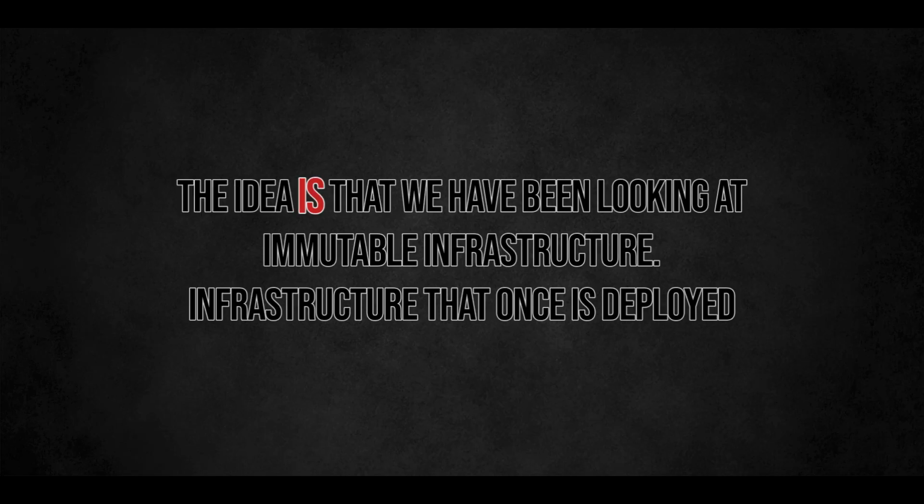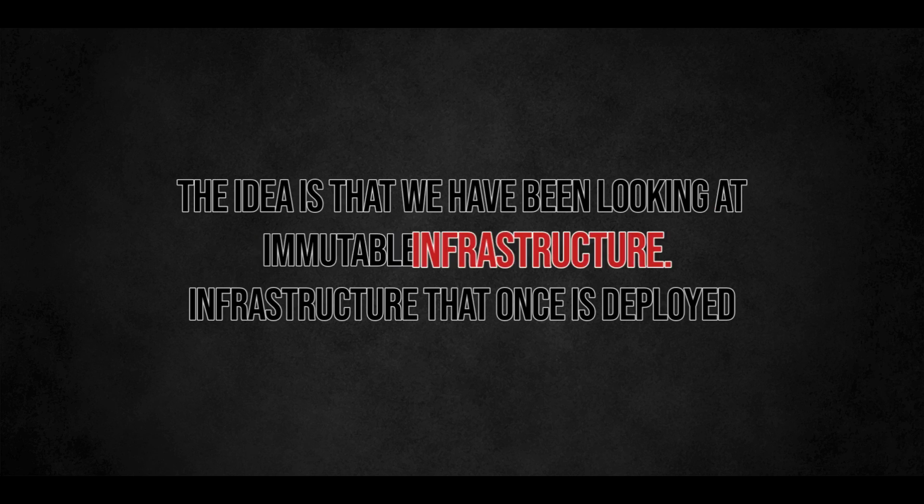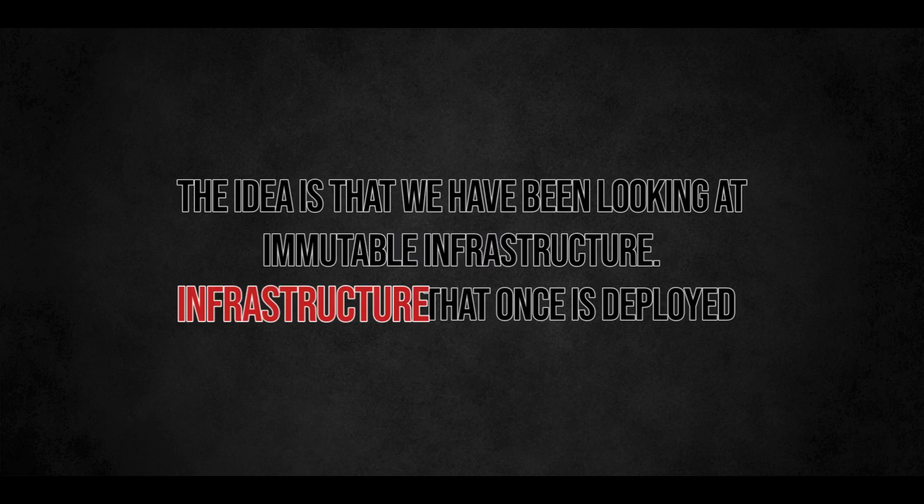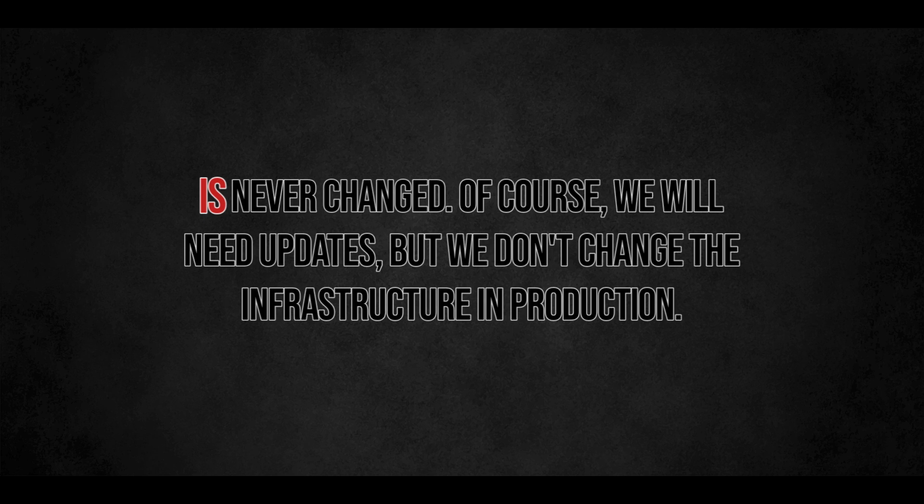And now we can slow down the pace a little bit and summarize a little bit of what we've seen. The idea is that we have been looking at immutable infrastructure. Infrastructure that once is deployed is never changed. Of course, we will need updates, but we don't change the infrastructure in production.